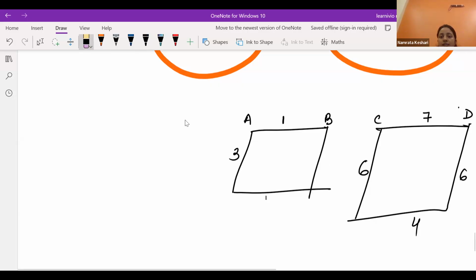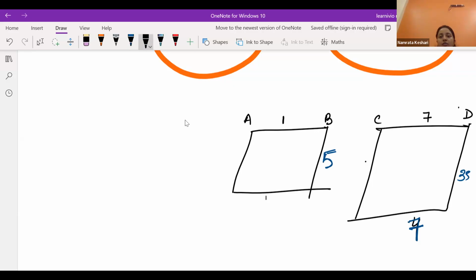If you are thinking that similarity means we are checking divisibility, that is not the meaning of similarity. Suppose this is how you are having the measurement for the parallelogram. One of the side lengths is 7 and the breadth is 35. And here length is 1, breadth is 5. Is it clear so far, the data?